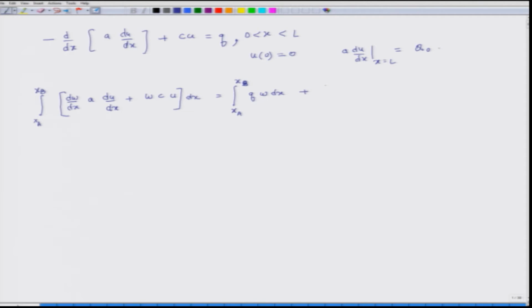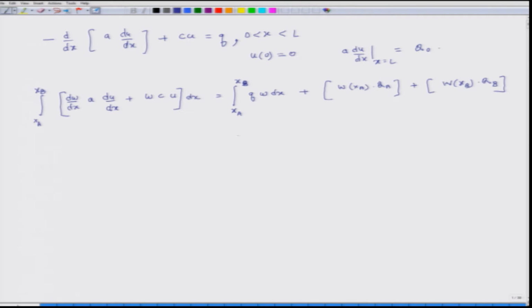The first boundary term is w, evaluated at xa, times qa, and the second boundary term is w, evaluated at xb, times qb.